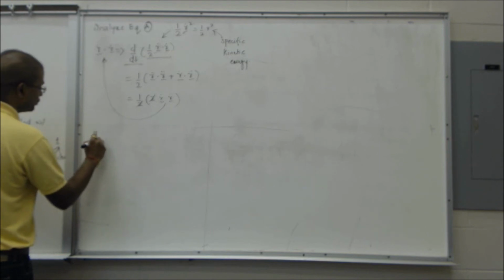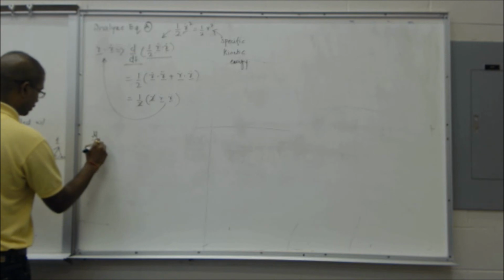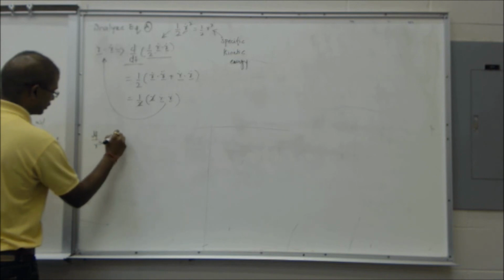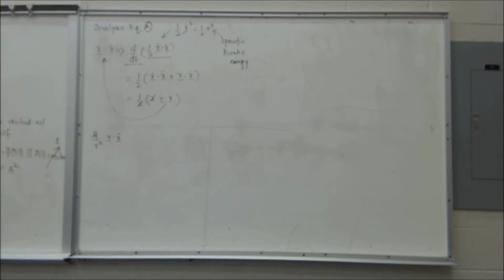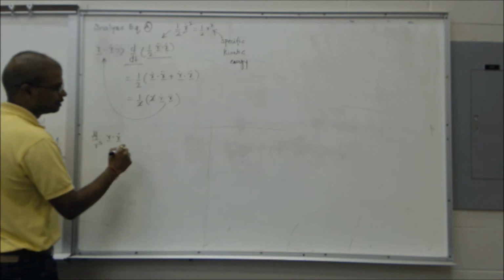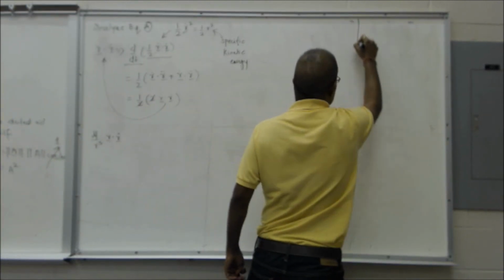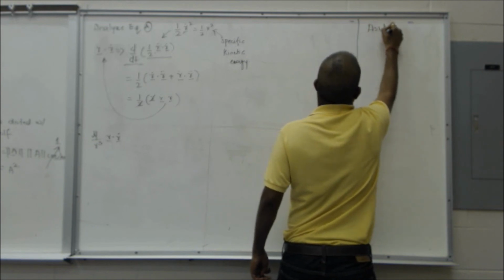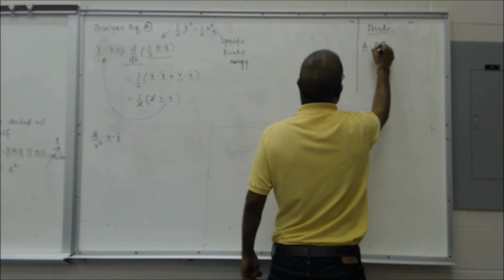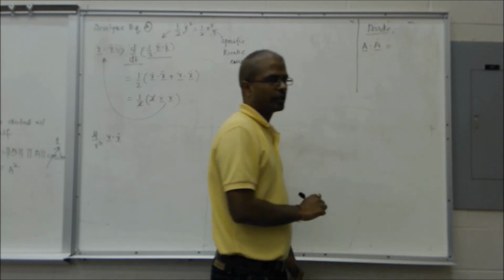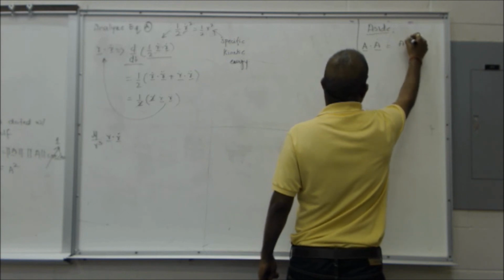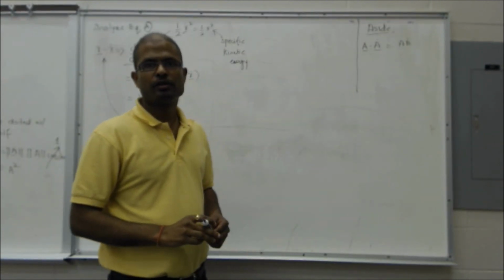We have mu over R cubed R dotted with R dot. As part of your homework: a vector dotted with its derivative is equal to the scalar times the derivative of the scalar.